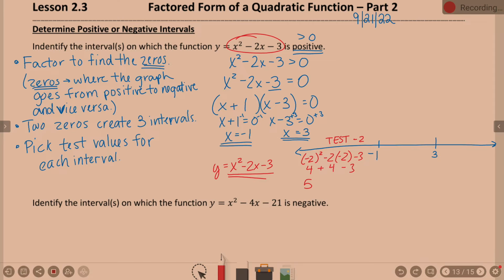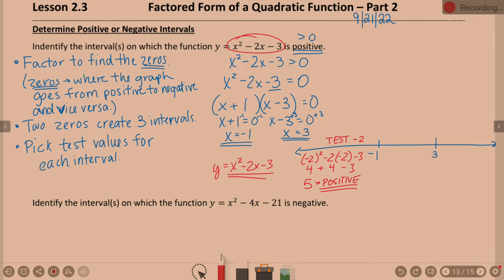What do you know about the number 5? Positive. 5 is positive, so guess what? This whole interval is positive. No matter what number you plugged into this interval, we all got a positive. My guess is you all probably used -2 with me, but you can plug in any number smaller than -1, and it's going to be a positive interval.